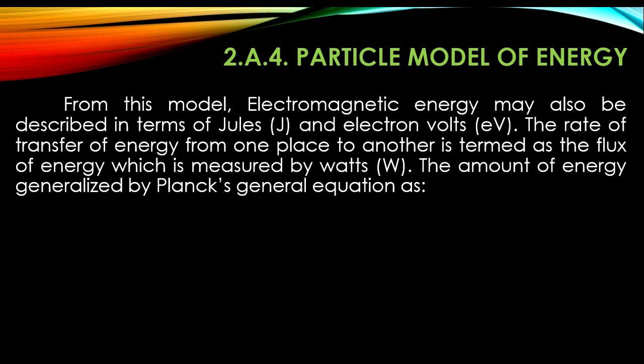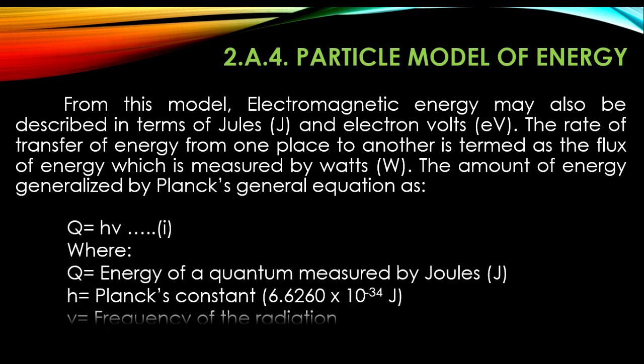The amount of energy is generalized by Planck's equation as Q = hν, where Q is the energy of a quantum measured in joules, h is Planck's constant, which is 6.6260 × 10^-34 joule-seconds, and ν is the frequency of radiation.